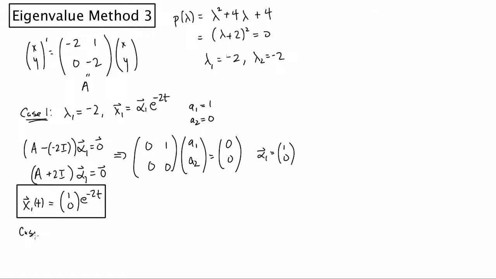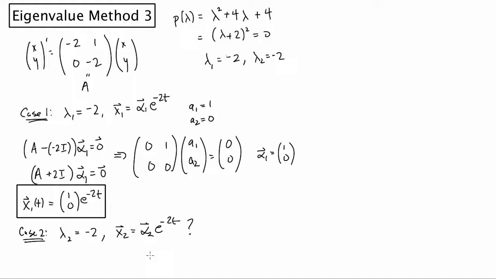Alright, so case 2: lambda 2 would also be -2, and the question is, can I find an alpha 2? Well, the answer here is no. If you look at A1 and A2 above, it doesn't matter what I pick.